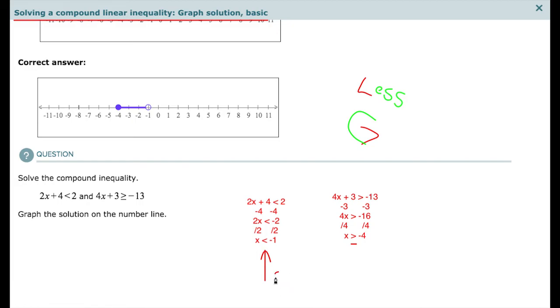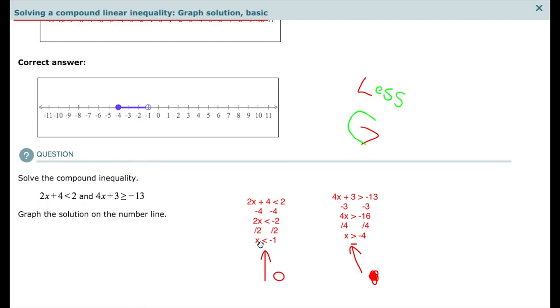And whenever we have a less than or equal to sign like this, we are using a filled in circle. So that's why you can see that here this is filled in, whereas this one is open.